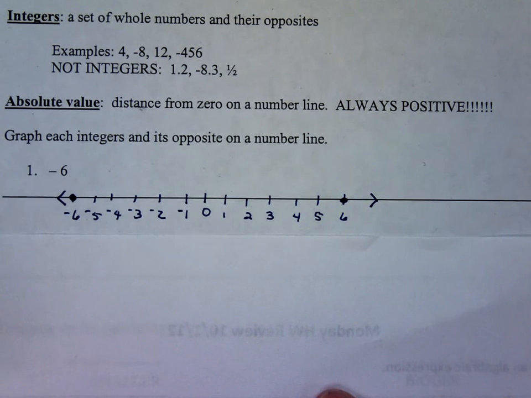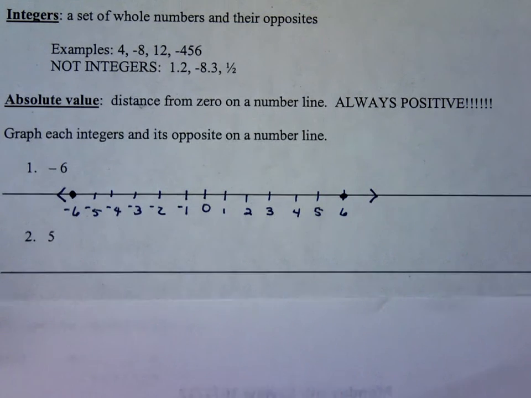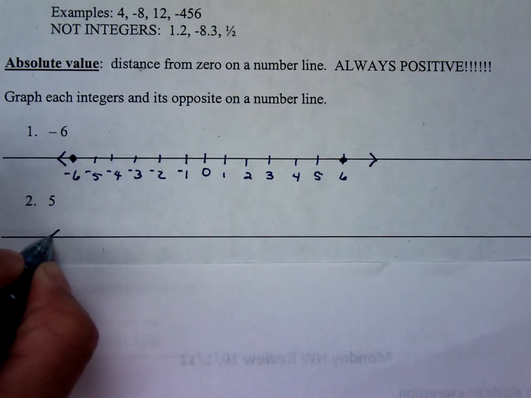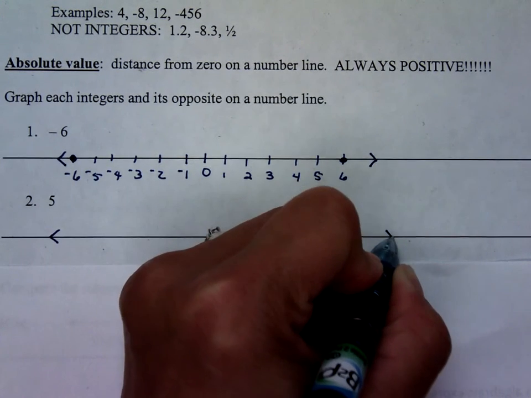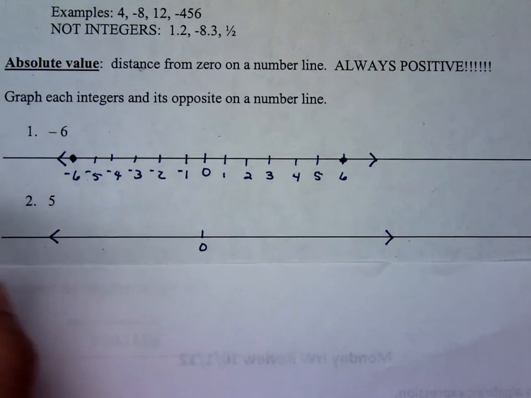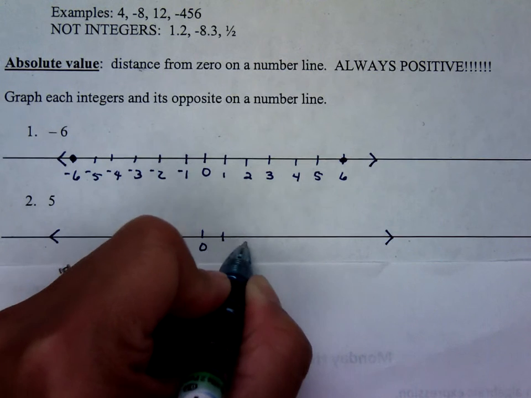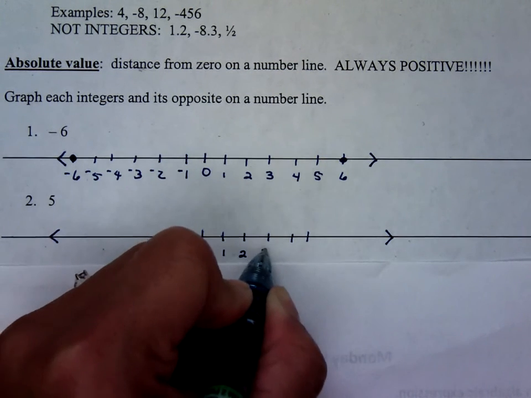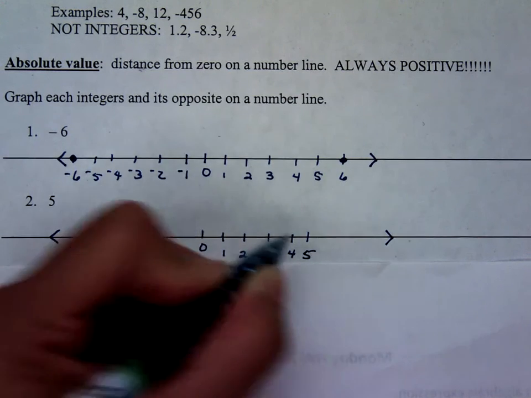So push pause and try number 2. When you're done, push play and see if you got the same answer as I did. Alright, so you should have put your arrow showing that the number line goes on forever. Put a 0 in the middle, and since it's +5, you make 1, 2, 3, 4, 5, and make sure you put your numbers underneath the number line.